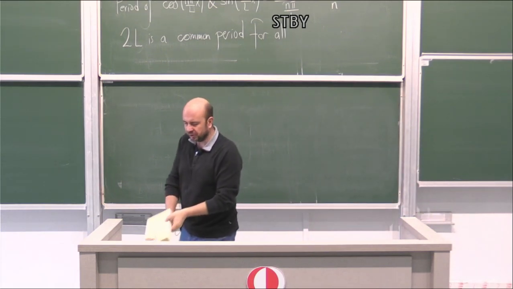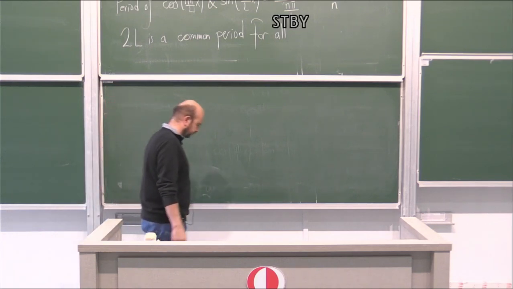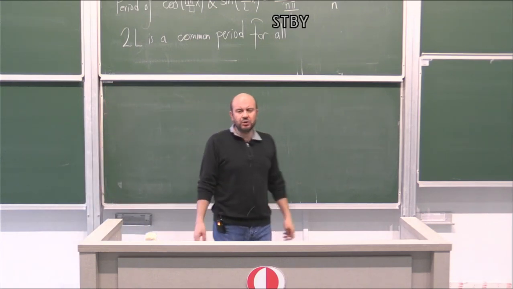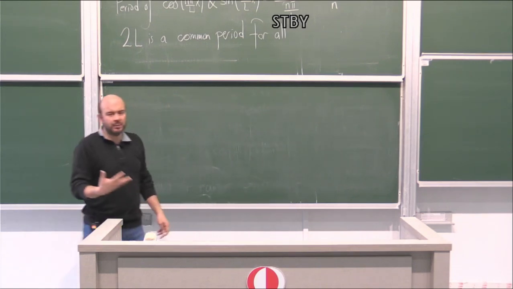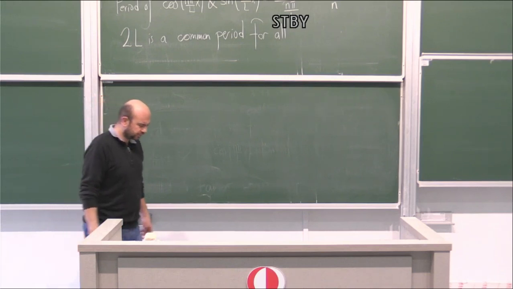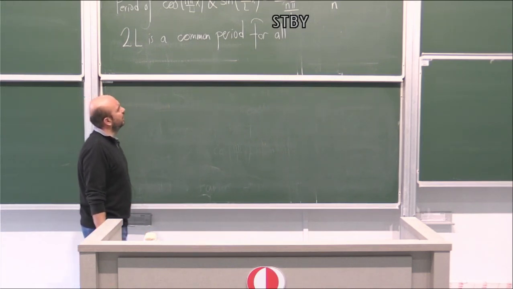So remember, in calculus courses, we taught you something about the dot product. The dot product basically determines the geometry, the Euclidean geometry in Rn.